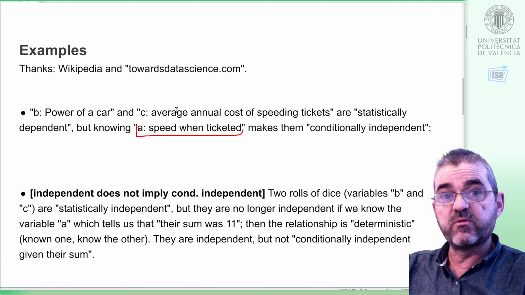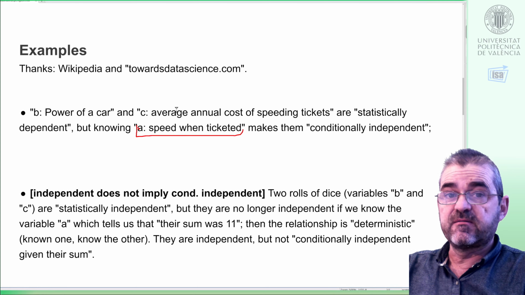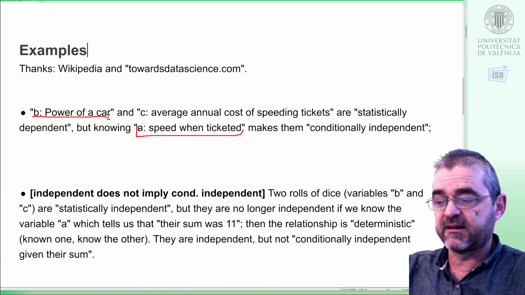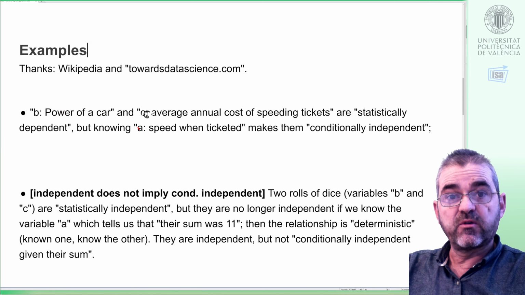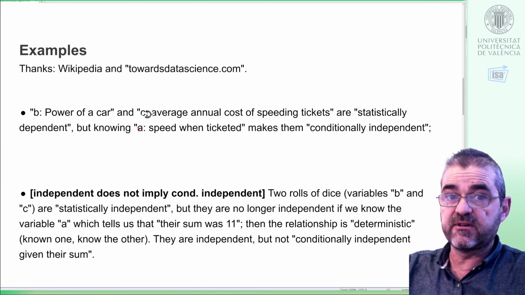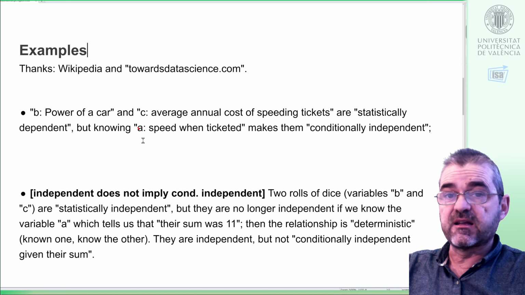Once I know the speed when I got the fine, the amount of the fine is independent of the power of my car. So B and C appear to be correlated. I mean, they have correlation, but the correlation is kind of a consequence of the values of A.